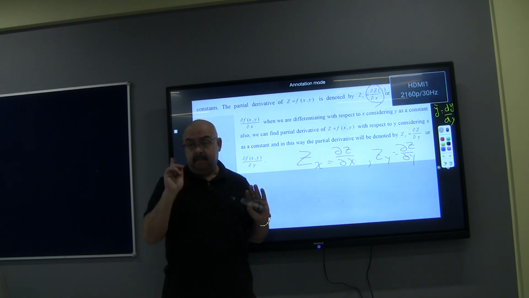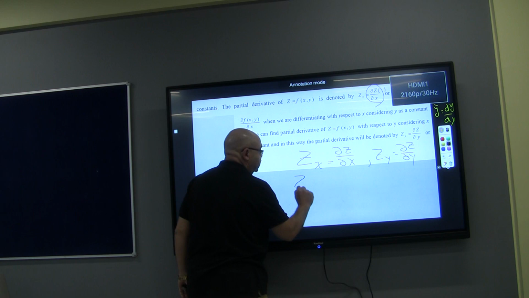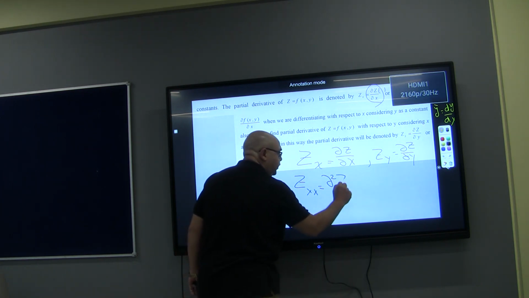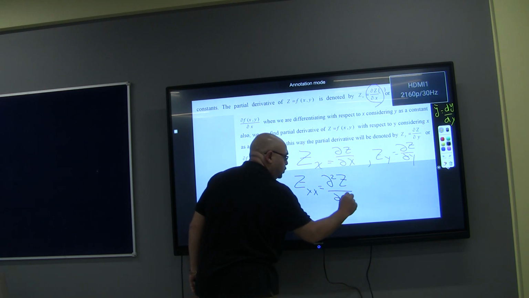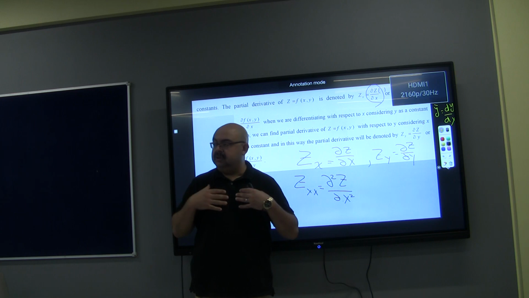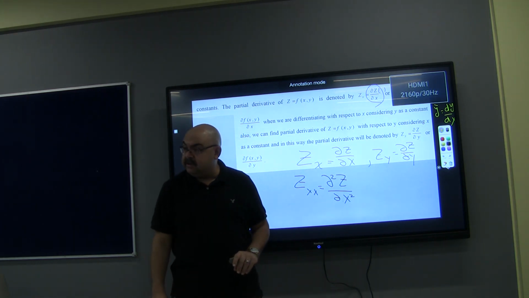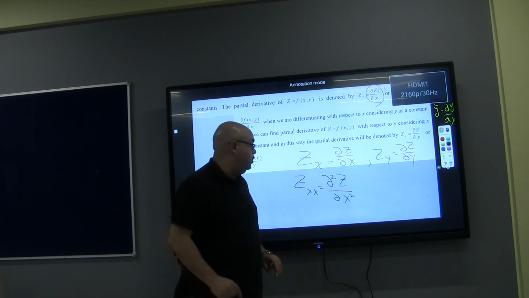but note that if we write z xx, that means you will get the second derivative of the z function, both times with respect to x. So I will differentiate z twice, and both times with respect to x, considering y as a constant.